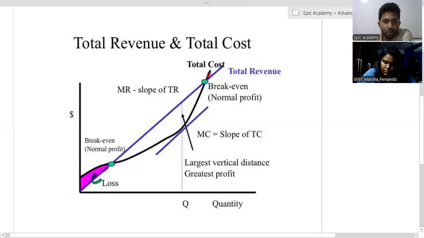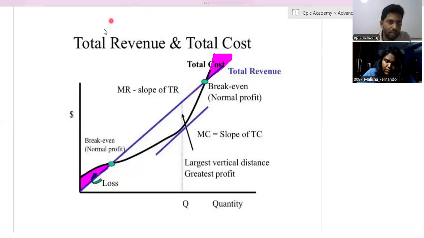Even in this point also. Why? After this break-even point, TC takes greater value than the TR again, isn't it? Yes. So again, this area represents the subnormal profit.